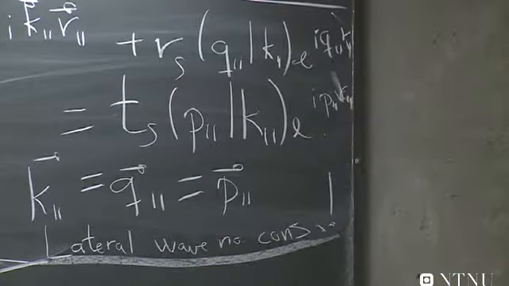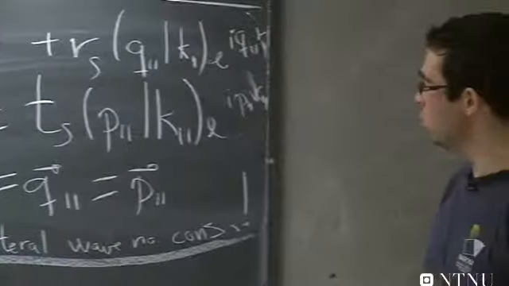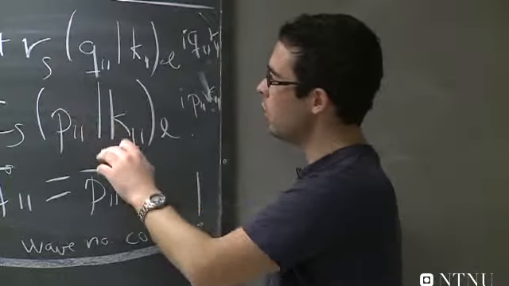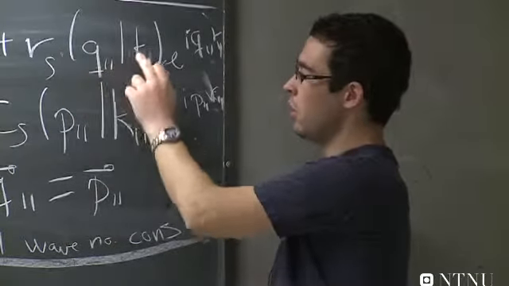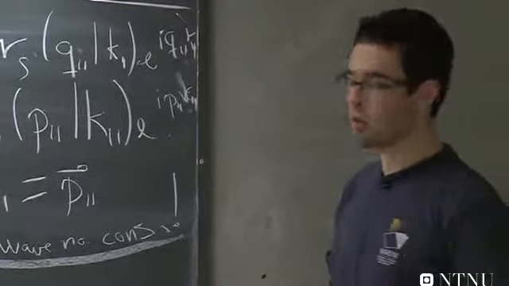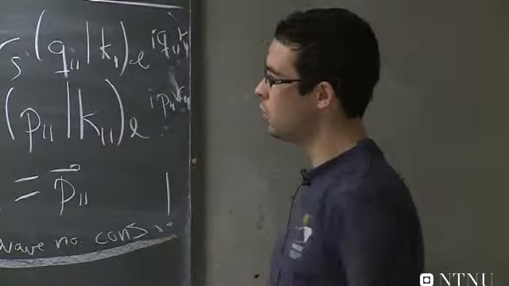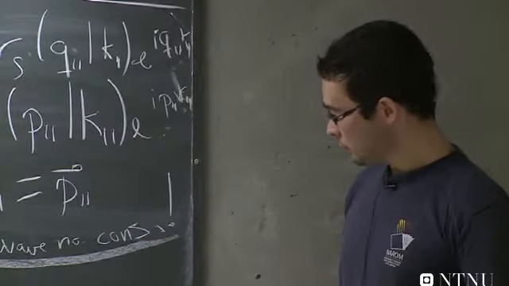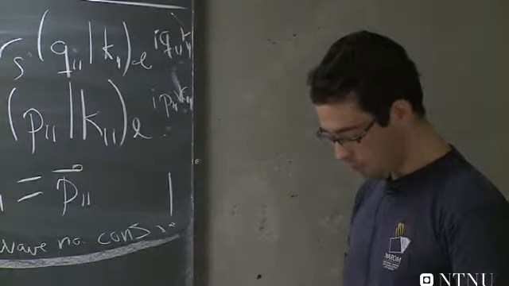Okay, and it seems reasonable, right? Because for all r parallel, this has to be true, and this only depends on q and k. So it makes sense that p has to be equal to q and k for the phases to match up at all times, the complex phases.